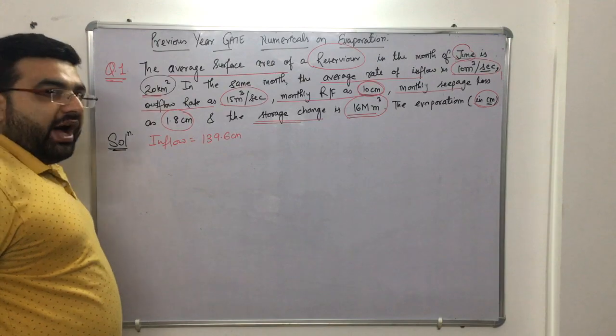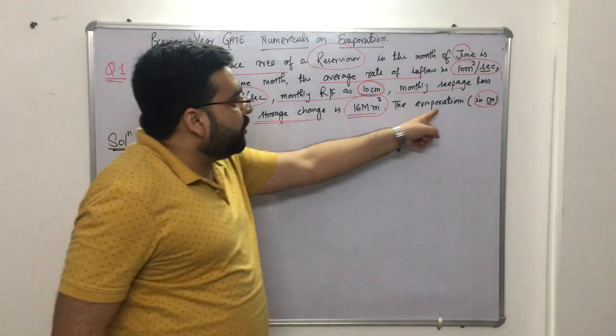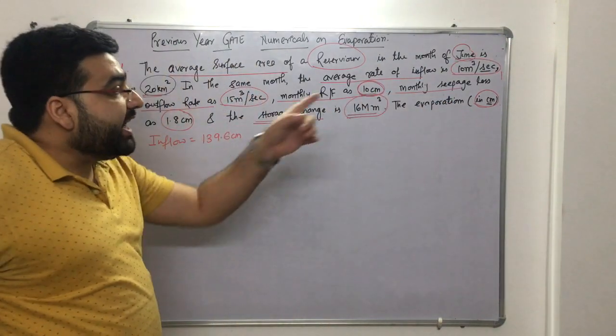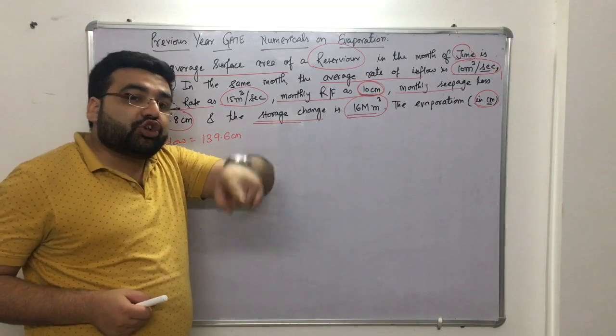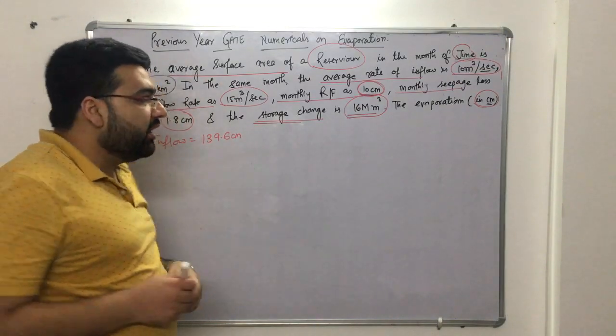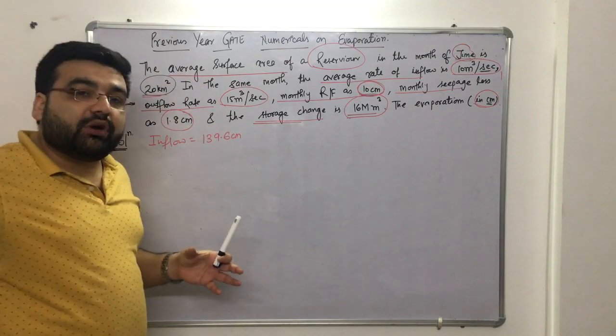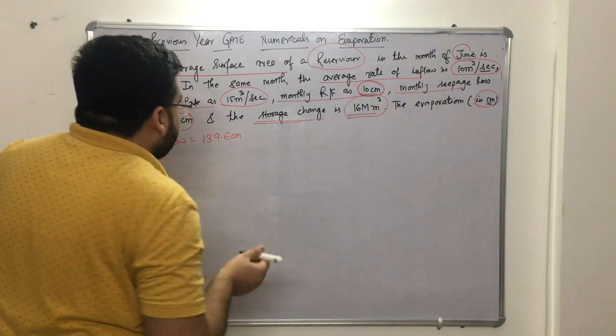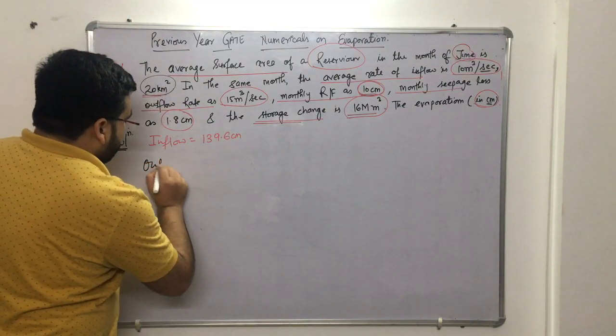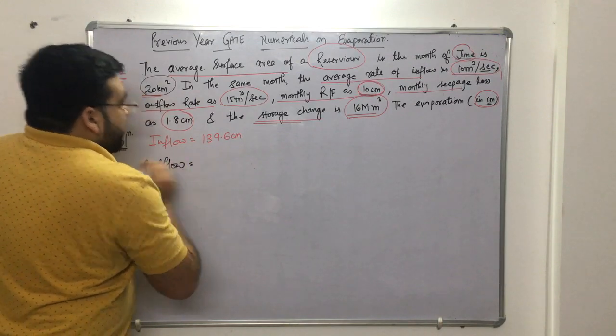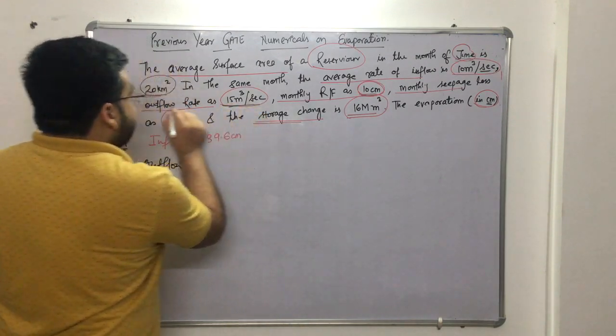Now let us calculate outflow. I told you that let the evaporation in centimeter be x, and evaporation will contribute to the outflow, not inflow, right? Because water will be going out from the catchment. So outflow: first of all, 15 meter cube per second outflow rate.